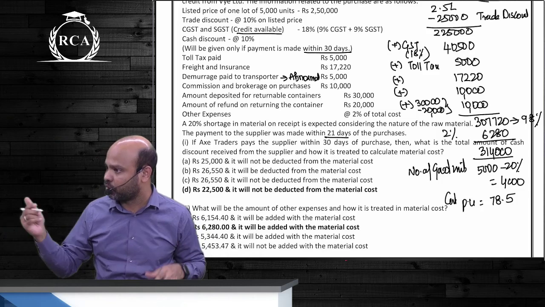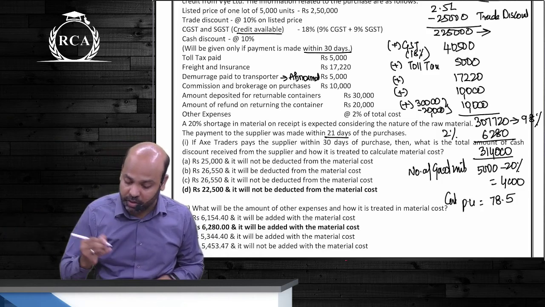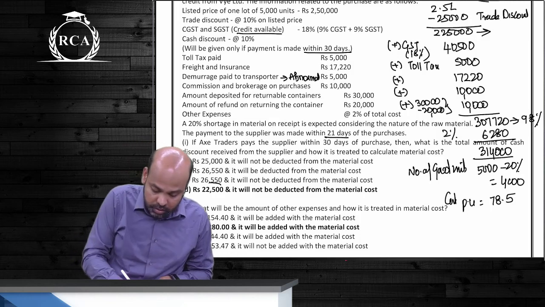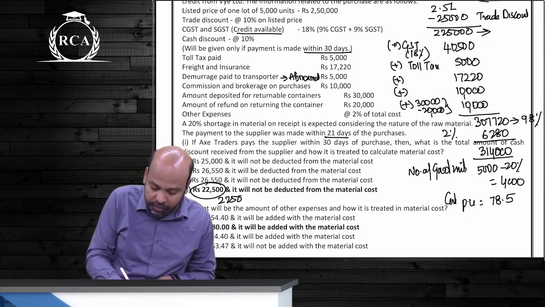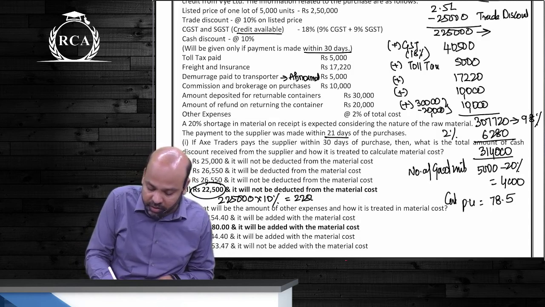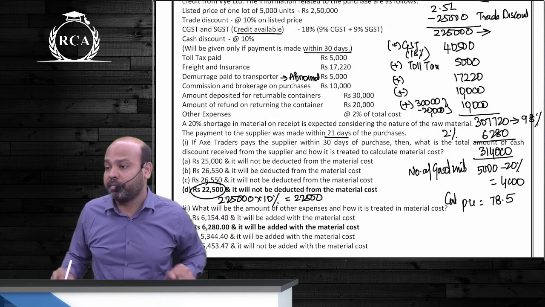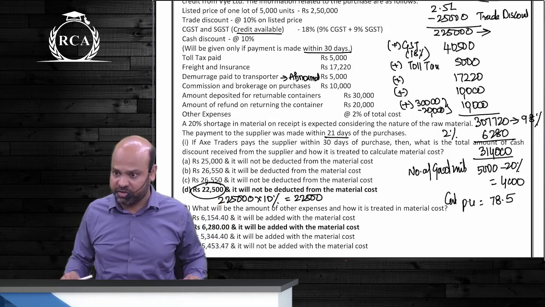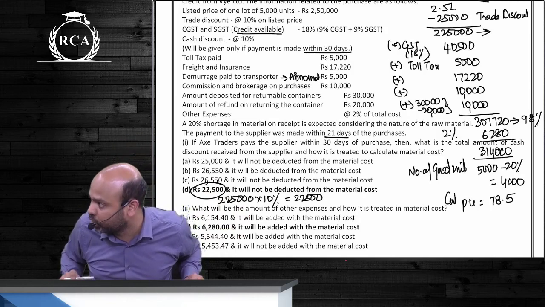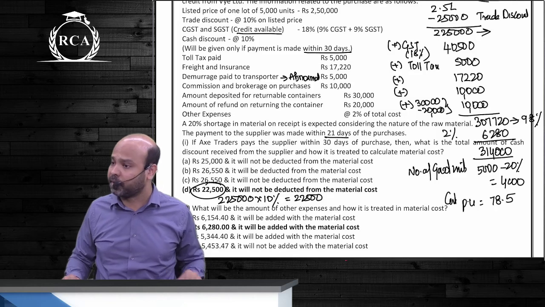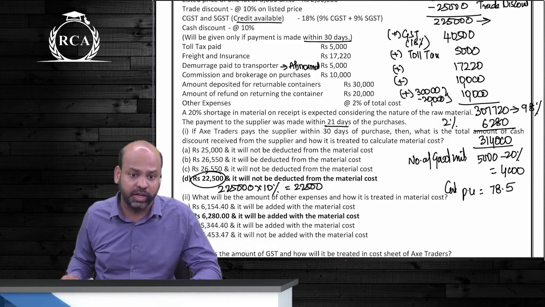Why will you give discount on that? So on what amount are you going to get cash discount? That is 22,500. On 2,25,000 you will get 10% cash discount. That is 22,500. And it will not be deducted from material cost. We all know what is the treatment of cash discount. Transfer to P&L account, beta, as other income. It will not be deducted from material cost. Yes or no?